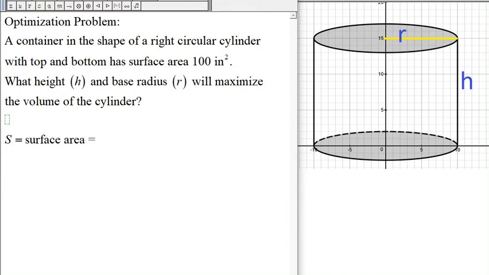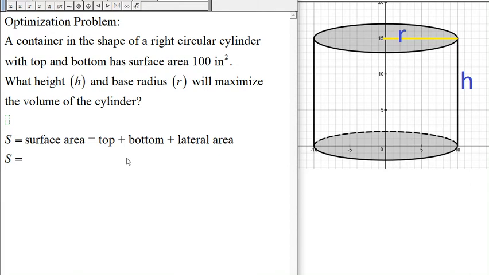It's going to be the base right here, the top, plus the bottom, and plus the lateral area. That's the area around the cylinder.